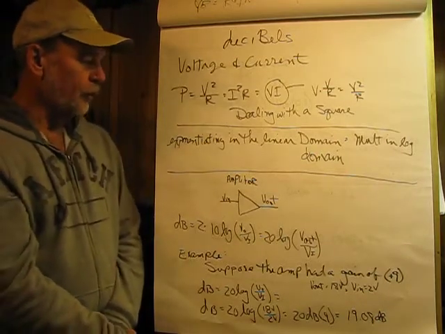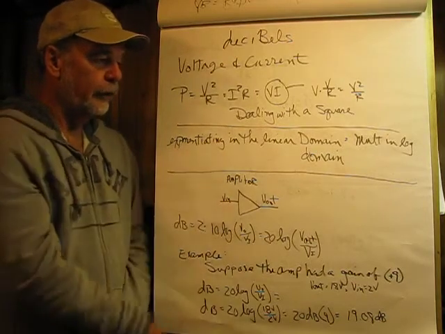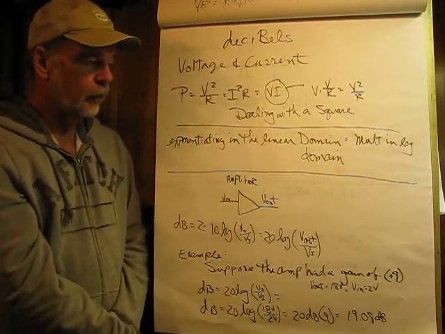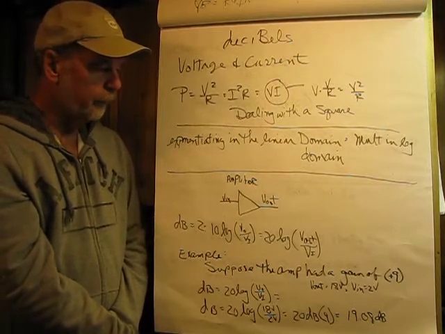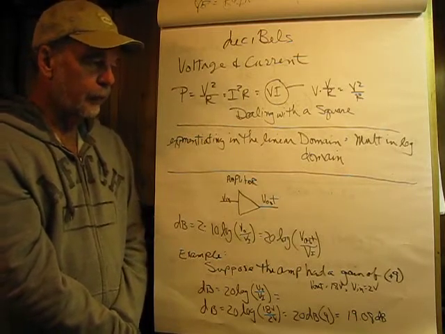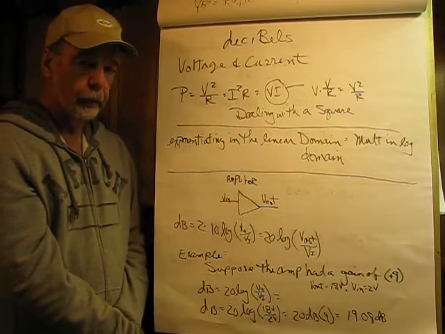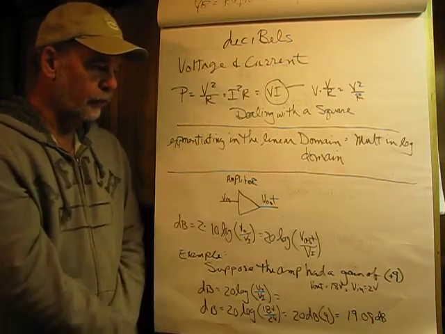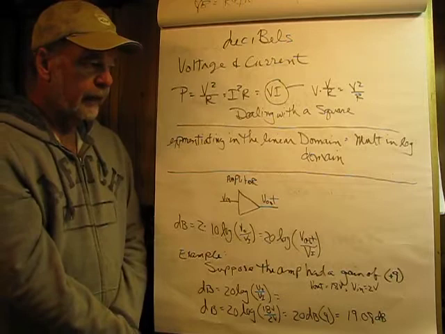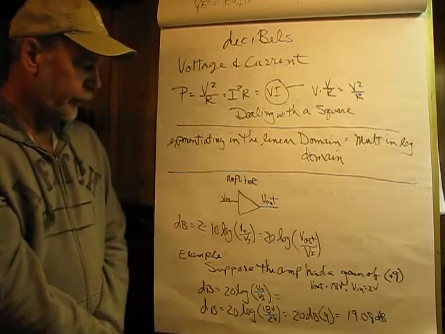Now, what we know is that if we exponentiate in the linear domain, we end up multiplying in the log domain. So instead of raising some voltage to the second power, all we have to do is multiply in the log domain.